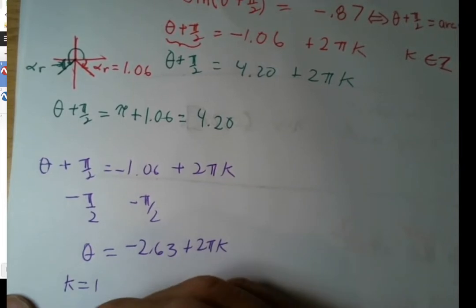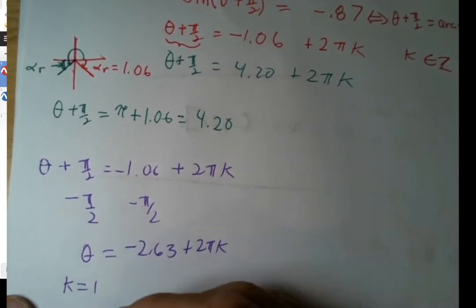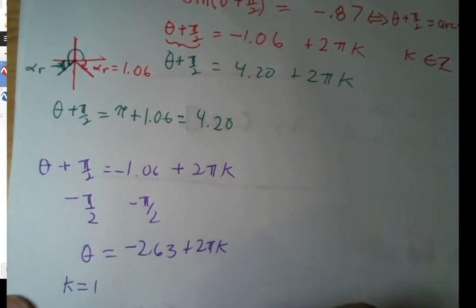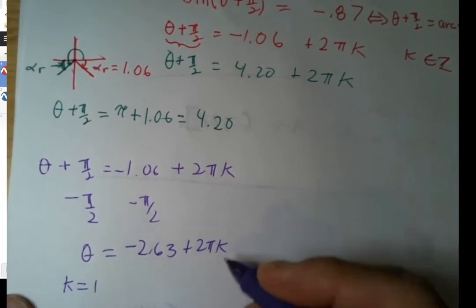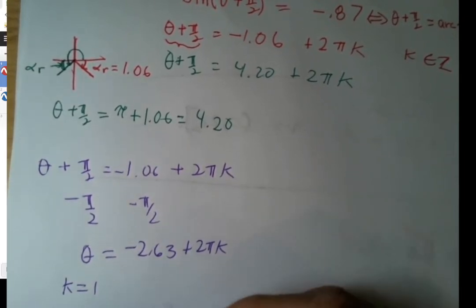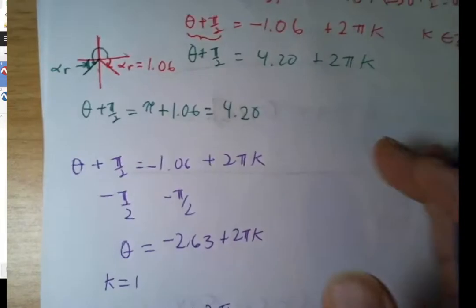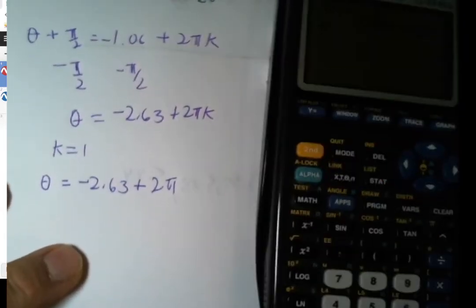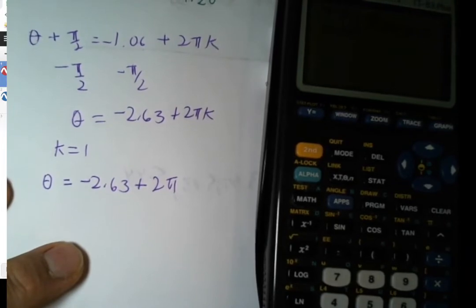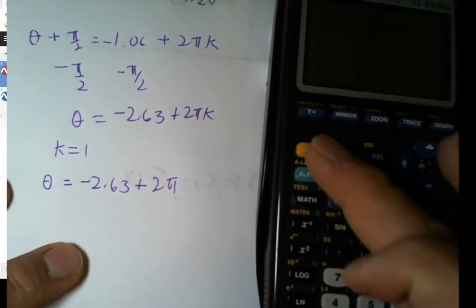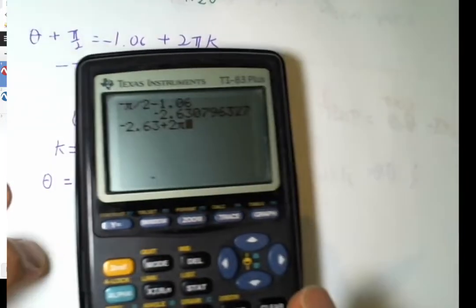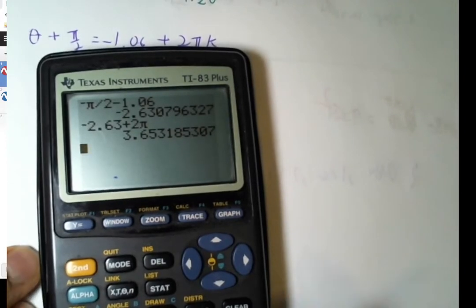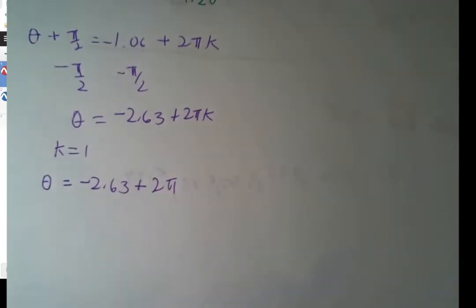And here we have theta, negative 2.63 plus 2 pi. And we get 3.65.